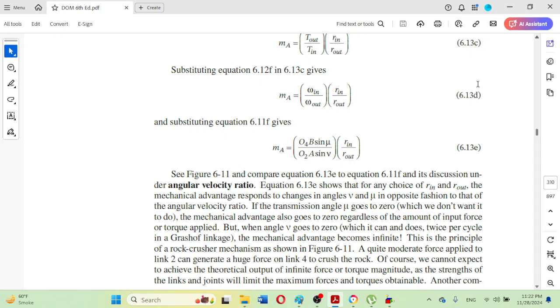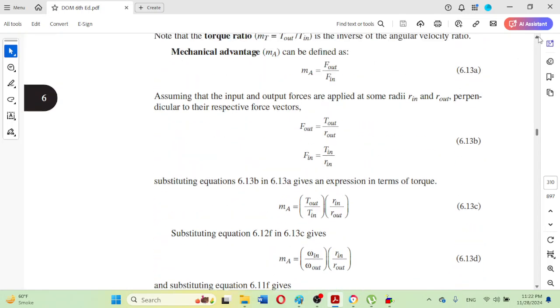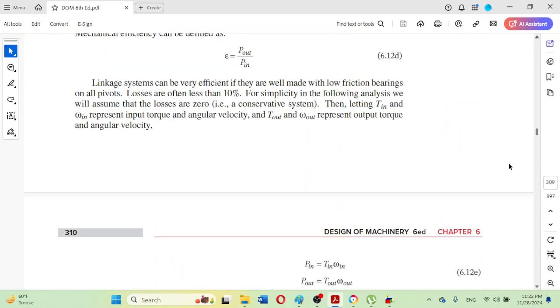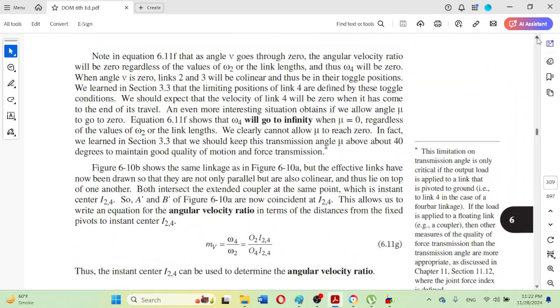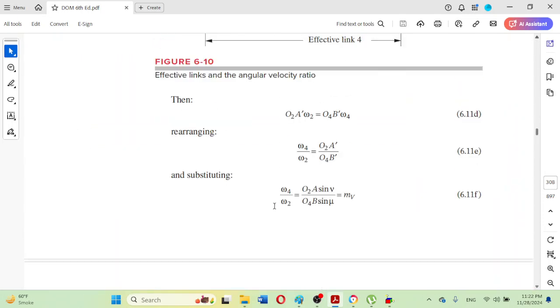It says to see figure 6-11 and compare equation 6.13e to equation 6.11f. This was the equation O2a sine v divided by O4b sine mu.